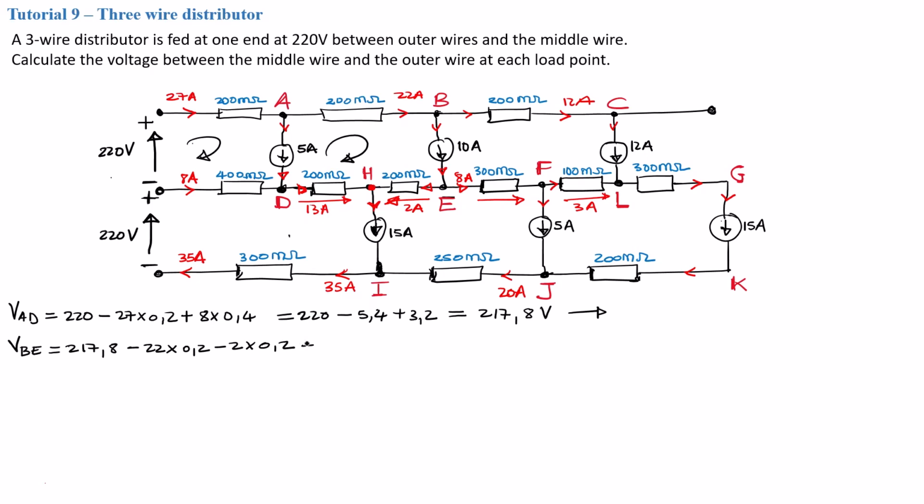So it's going to be plus 13 times 0.2. That's 217.8 minus 4.4, which is 22 times 0.2, minus 0.4 plus 13 times 0.2, which is 2.6.